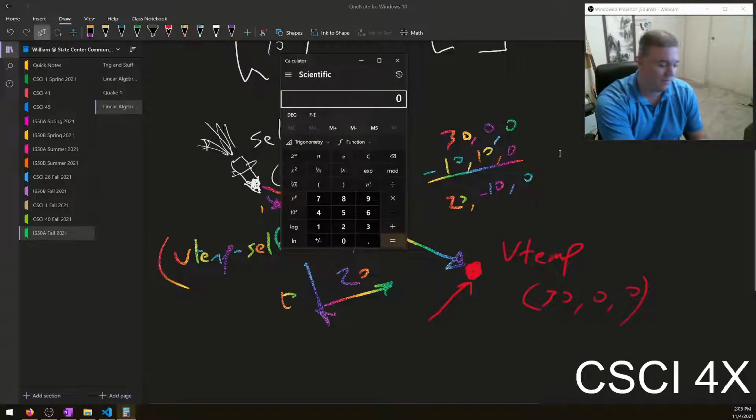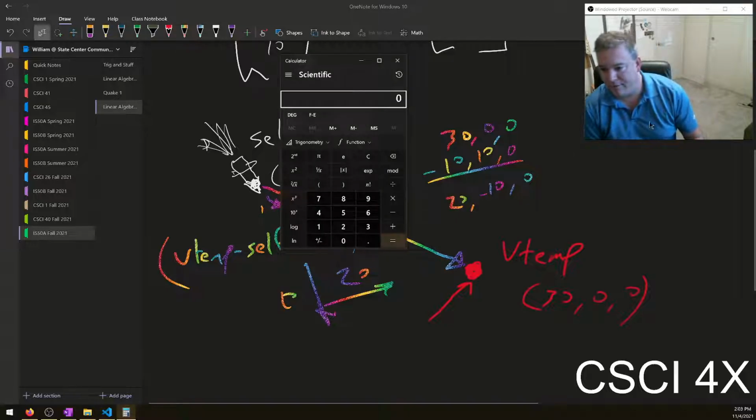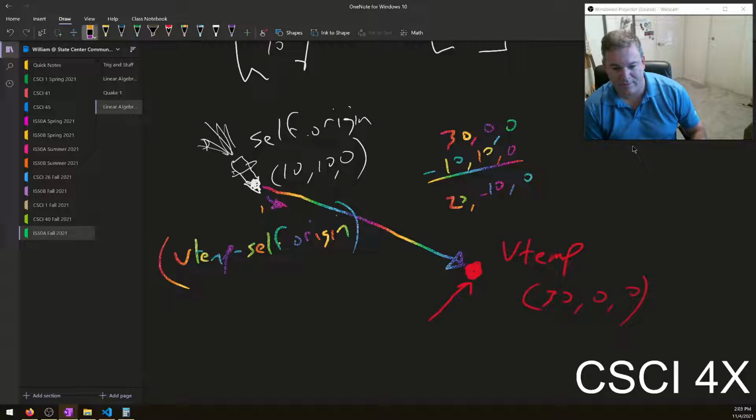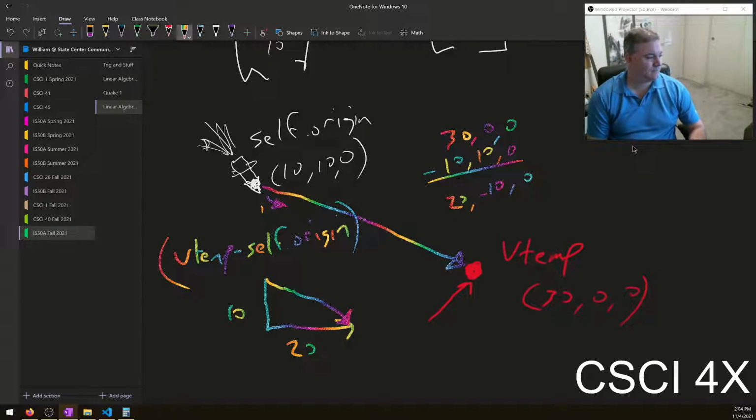Let's see. So what is the length of a vector? Actually, it's pretty obvious, huh? The length of this vector, it's the hypotenuse, right? So if we think about this in terms of like a right triangle, it's 10 down, 20 east. What is the size of the hypotenuse here? Anyone remember algebra?